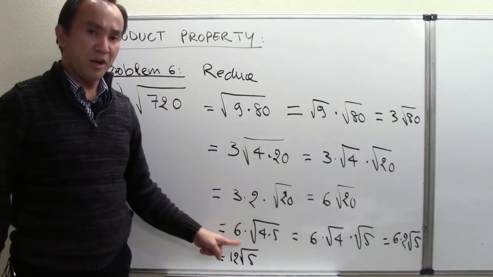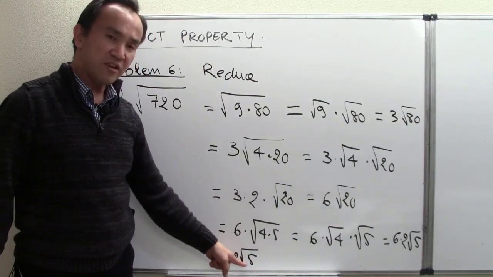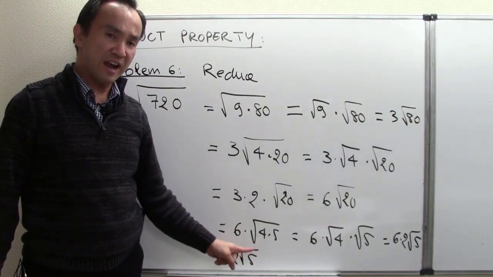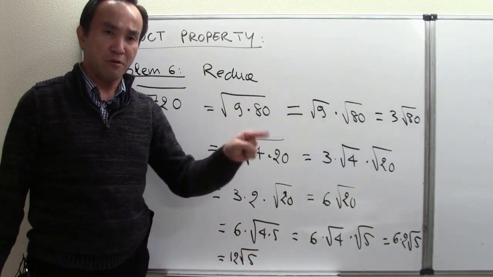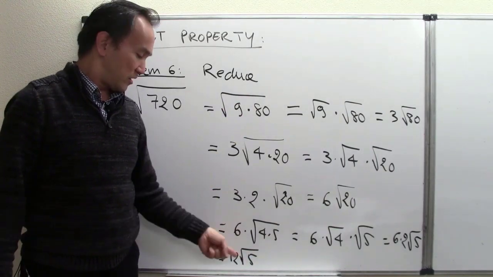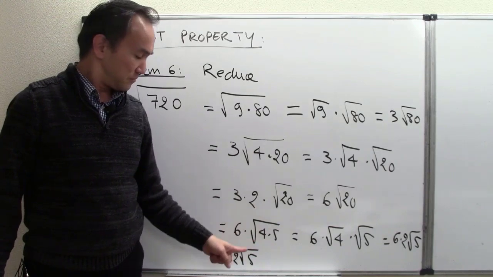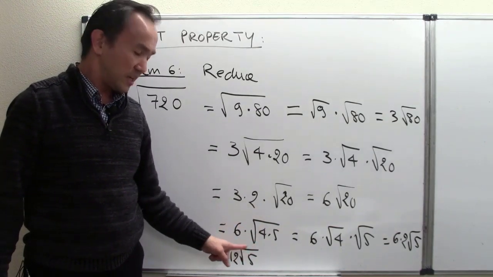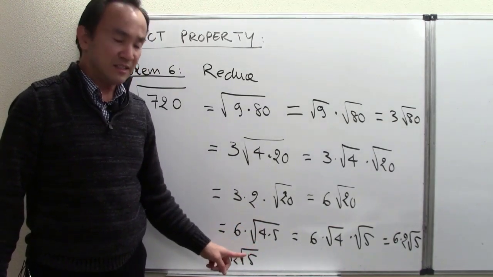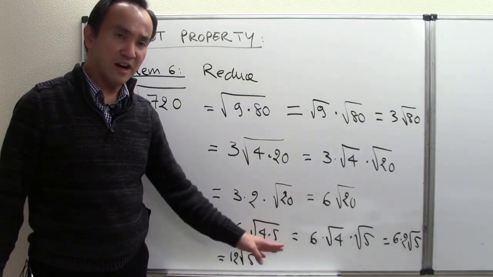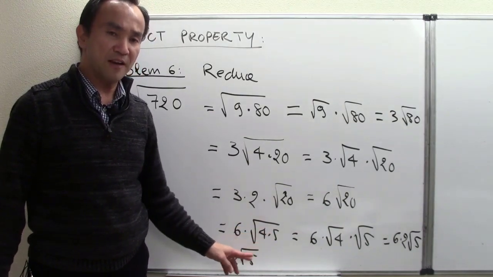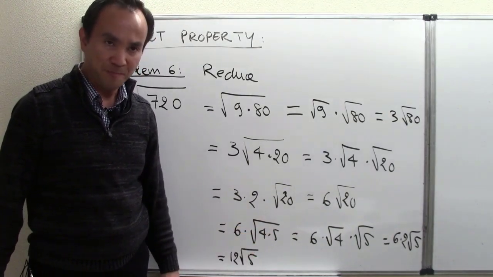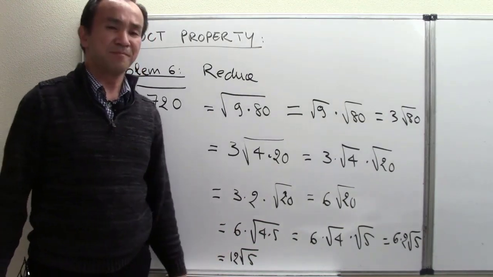At this point I know that I'm done because the only remaining square root is a square root of a prime number, okay? Or at least, in other problems, a number that no matter how you prime factorize it, won't turn into a perfect square. So we know we're done right here.